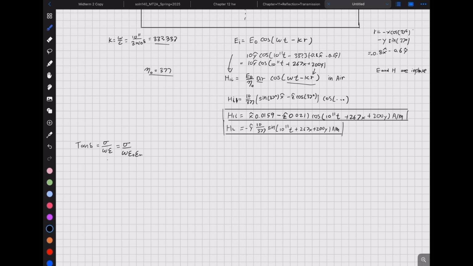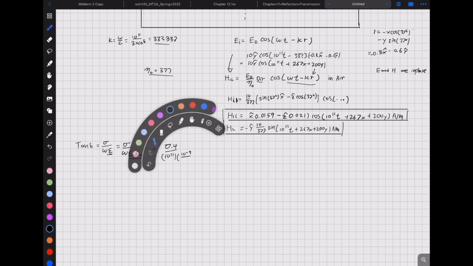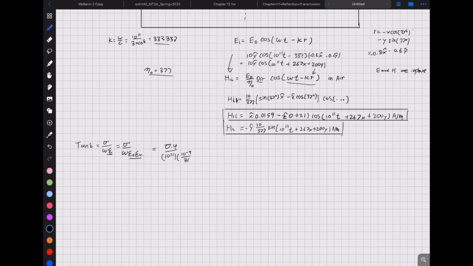It has two parts. So this is going to be 0.4 over 10 to the 11 multiplied by epsilon naught, which is given as 8.8 something, but I like to use 10 to the negative 9 over 36 pi. Epsilon r is 81. So we're going to have 0.005, low loss.